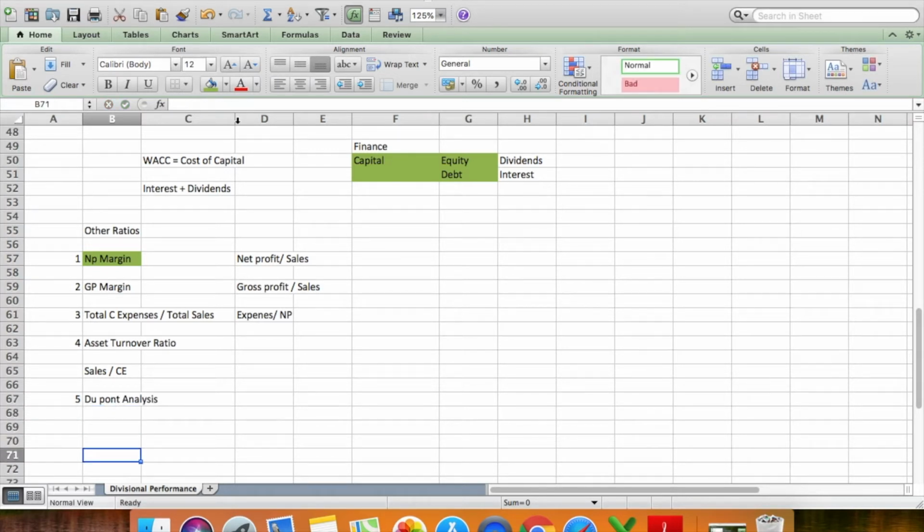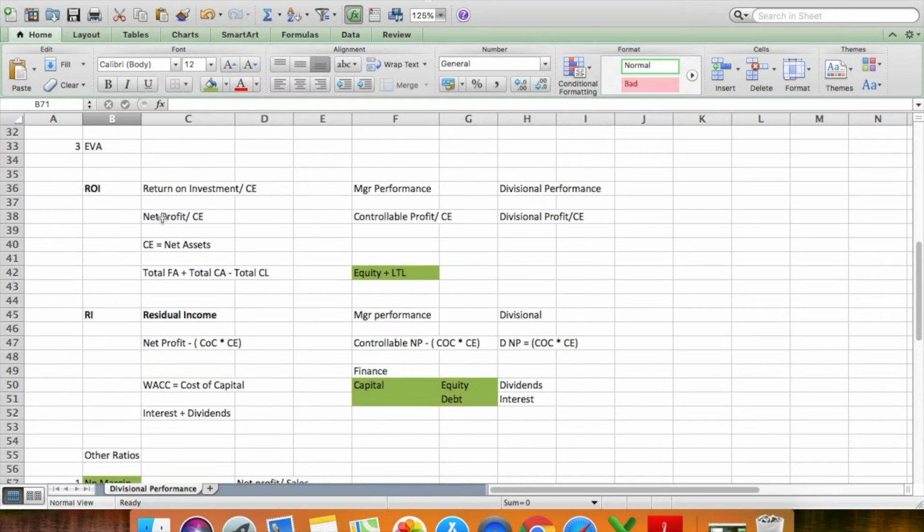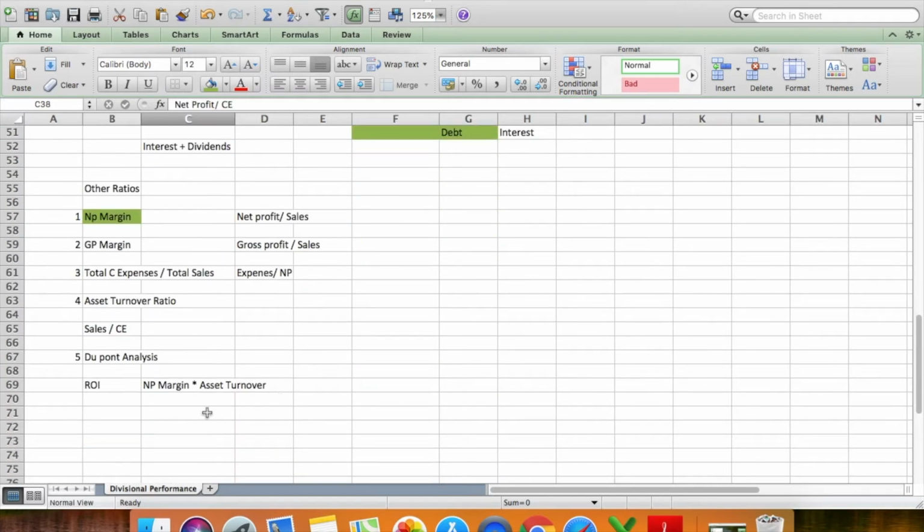DuPont analysis basically explains that we can identify a single ratio by multiplying two ratios. That is, ROI that we discussed in the first place can be calculated by net profit margin ratio multiplied by asset turnover ratio, right? How is that possible? What was the ROI ratio? In the first place, we identified ROI as net profit over capital employed.